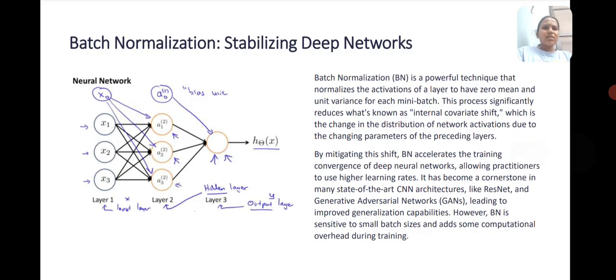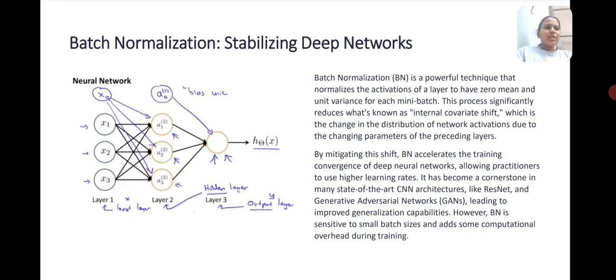Now let's see clearly about batch normalization, which stabilizes deep networks. Let's try to understand it better with the picture, which is over here on the left.